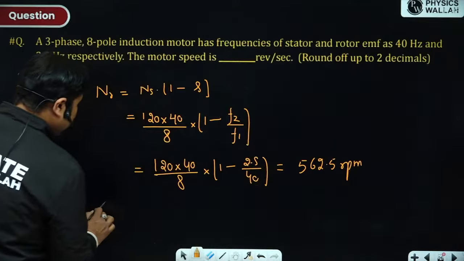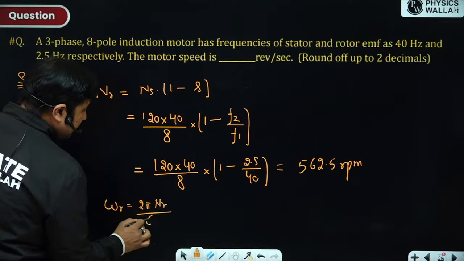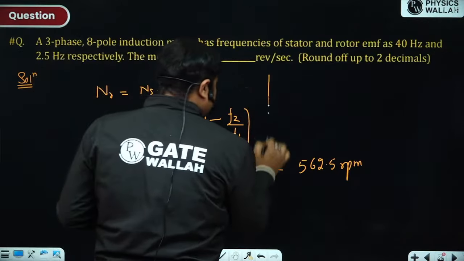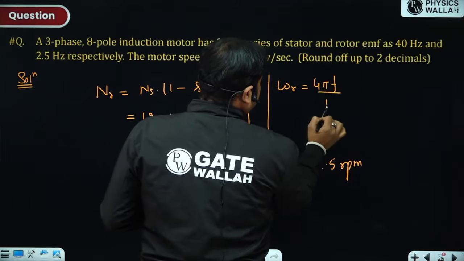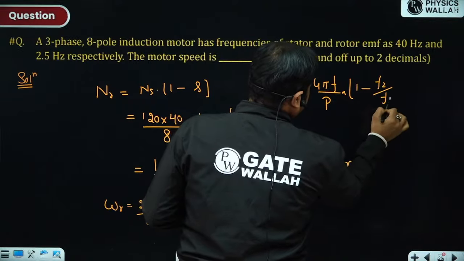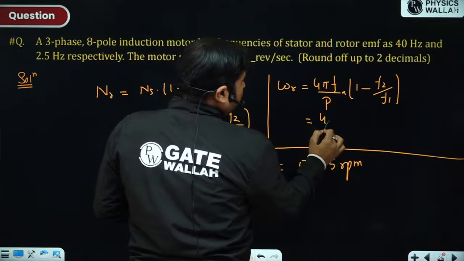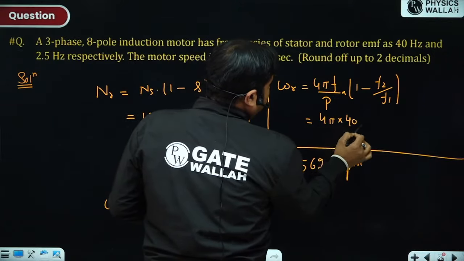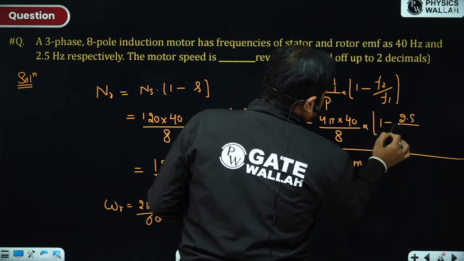So either you can calculate omega_r by 2 pi N_r by 60, or another way is, why not you have opted for this: 4 pi f by P into (1 - f2/f1) to calculate directly. Is it okay? So 4 pi f is your 40, by P is 8, into (1 - 2.5/40).